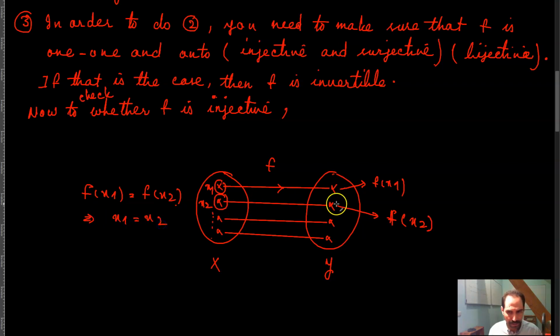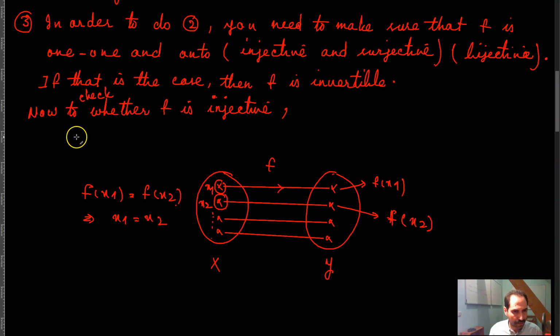That means there are two elements in the domain, x1 and x2, that are exactly the same. So there is only one distinct element in the domain that is mapped to one distinct element in the range, and that is the condition that we use.